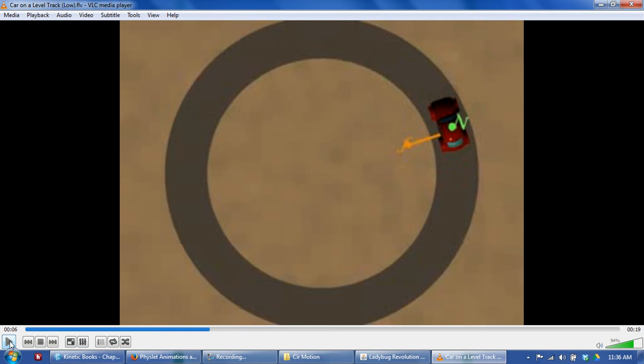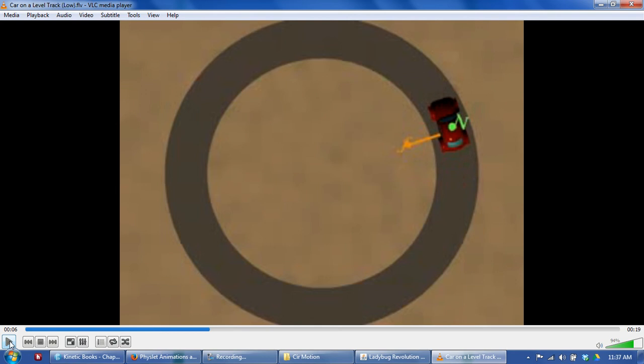And the net force in uniform circular motion is a centripetal force. So it isn't because it's going in a circle that it has centripetal force. No. Because it has a net force on it that's always pointing towards the center of the circle, therefore it is going in circular motion.